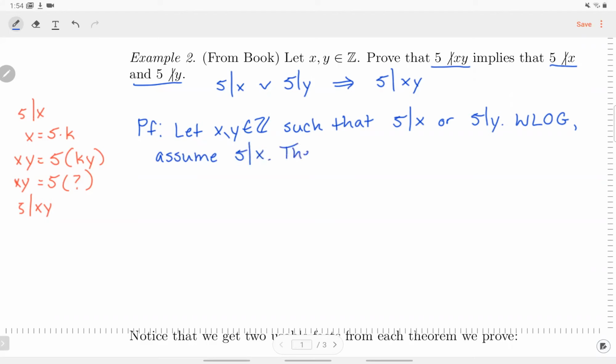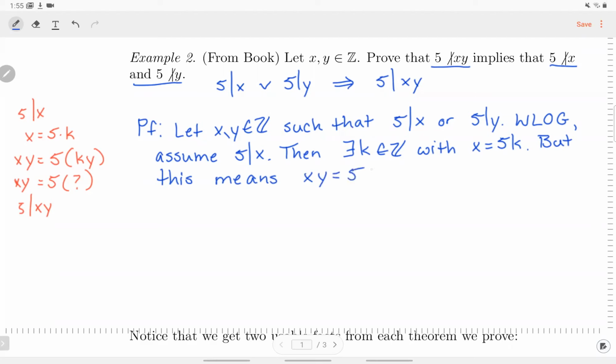Then there exists k in the integers with x equal to 5k. But this means xy equals 5ky.